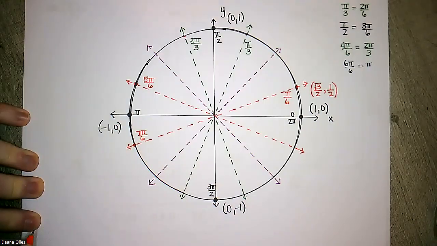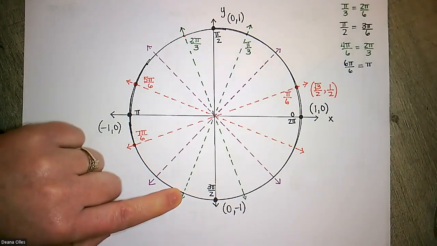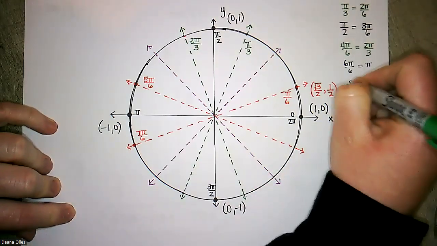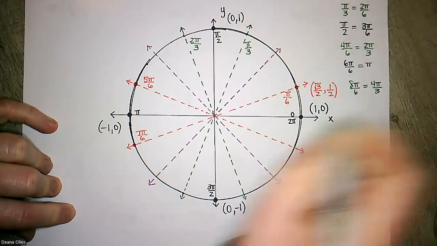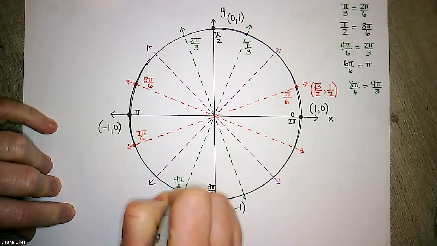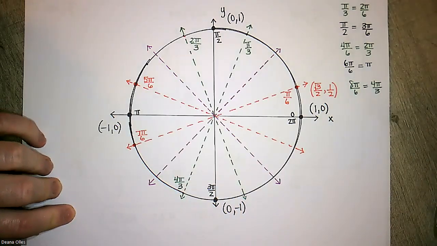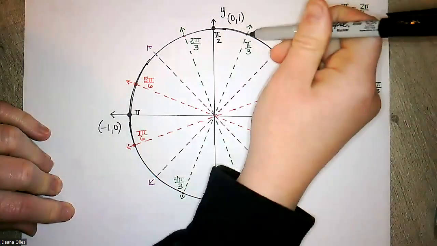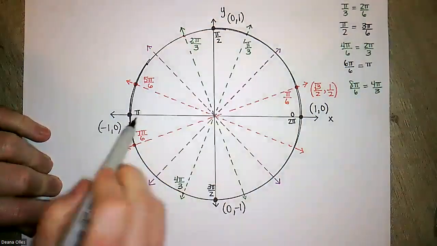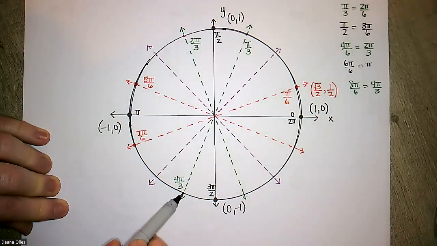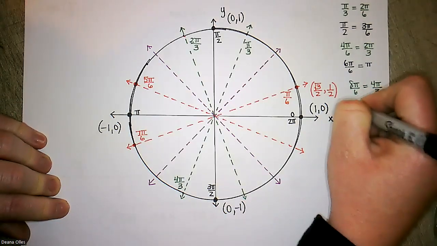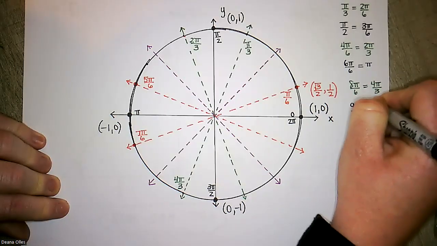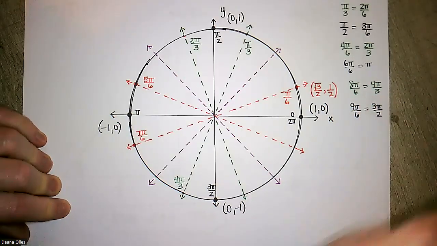We're going to fill in the coordinates there in a minute. Skip the pi over 4, 8 pi over 6 reduces to 4 pi over 3. One more time around. 1, 2, 3, 4, 5, 6, 7, 8 pi over 6, 9 pi over 6, which reduces, because 9 and 6 are both divisible by 3, to 3 pi over 2.